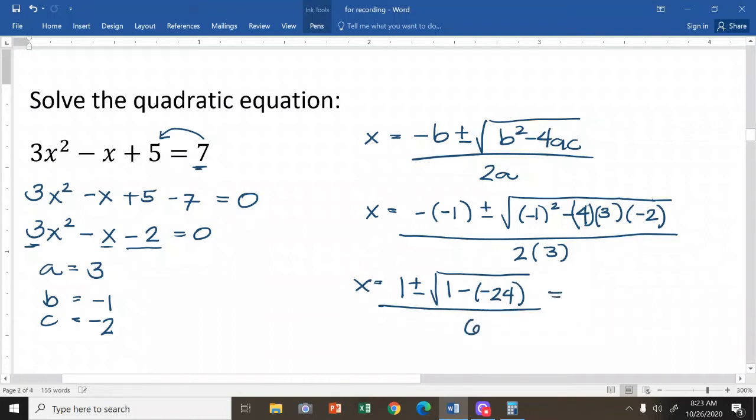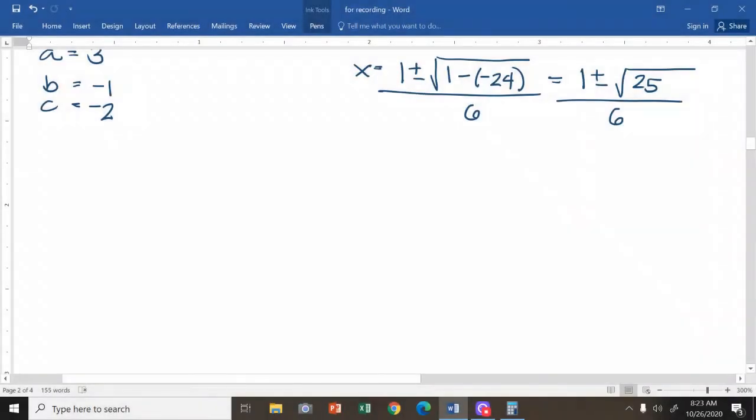Okay, so, pag sinimplify pa natin to, meron tayong 1 plus or minus square root of, so, 1 plus negative 24 is 25, and then over 6. So, kapag sinimplify pa natin siya, x is equal to 1 plus minus square root of 25 is 5, and then over 6. So, solve natin yung dalawang values ng x.